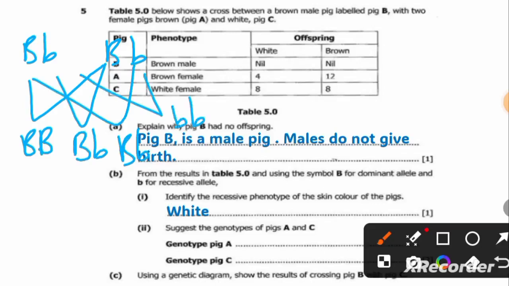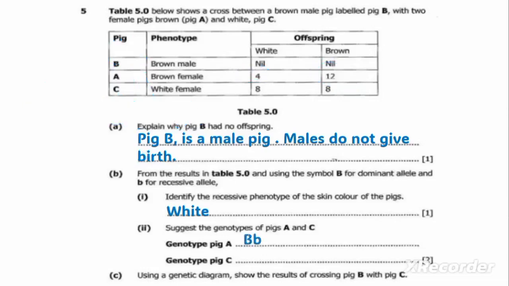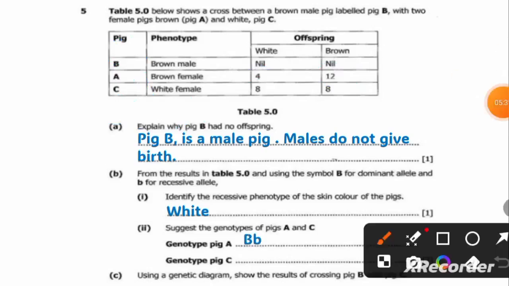Therefore we have seen that for us to have 25% and 75% offspring, it is because we crossed two heterozygous parents. So we are going to have capital letter B, small letter b. Then for C, by the way, we need to understand that the genotype of B, which is a male, is capital letter B, small letter b.